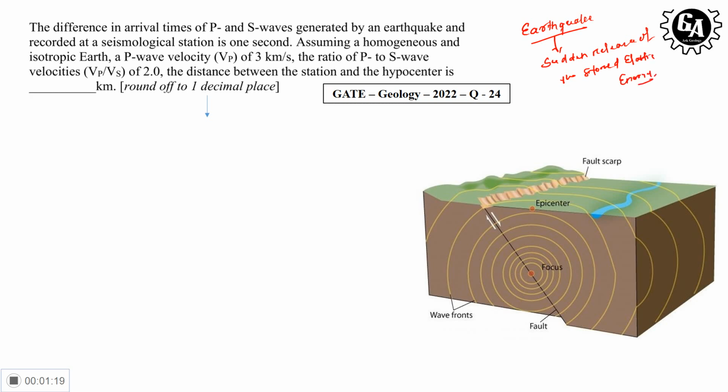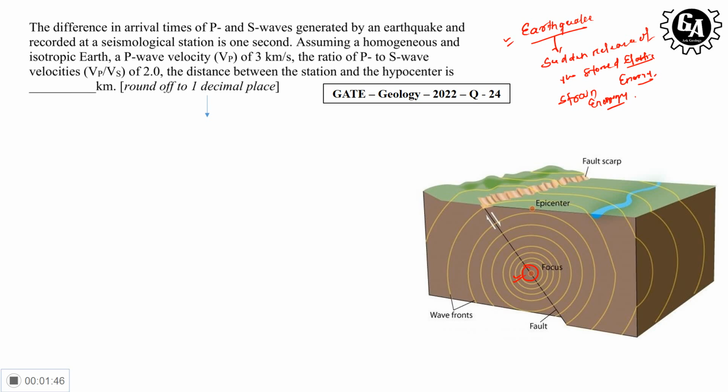We can see that faulting also generates a release of strain energy. This is elastic energy, or you can call it strain energy. So basically, when an earthquake happens, it releases some amount of energy, and the energy gets propagated by various means.